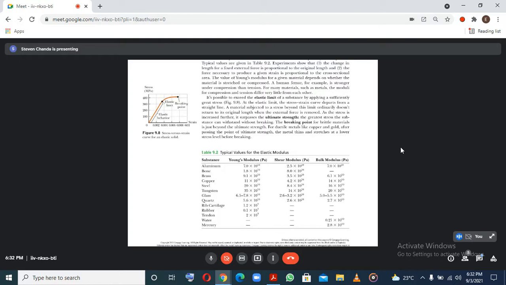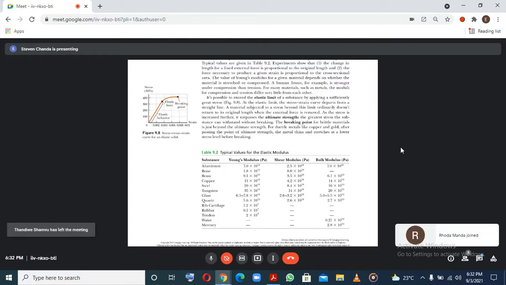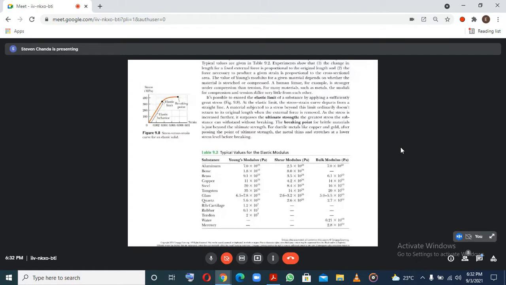Okay? But for metals such as gold and copper, when you are pulling them like that, what actually happens is that the metal is going to get thin and stretched at a lower stress level before breaking. So what this simply means is, I'm going to give an example of a plastic.